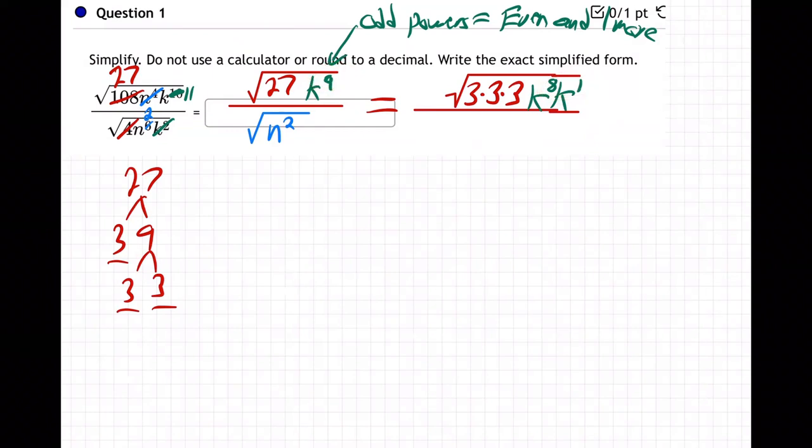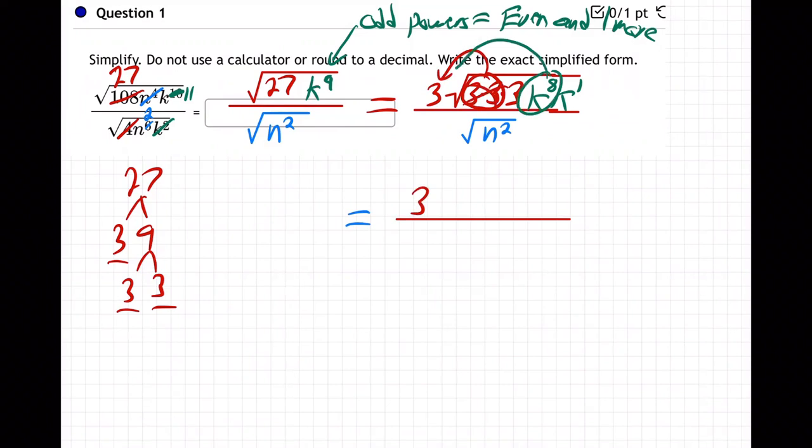And then on the bottom, we have the square root of n squared. Okay, so now what do we have from here? Well, it's a 2-for-1 deal. So 2 3s inside sends 1 3 outside, and they're gone. And 8 k's inside send k to the 4th outside. And then they're gone.